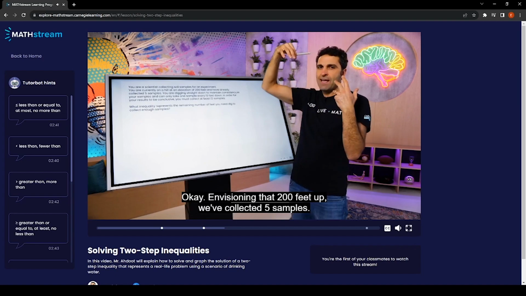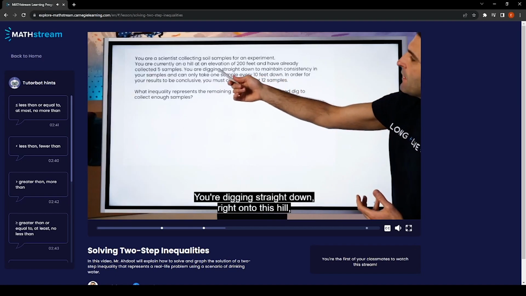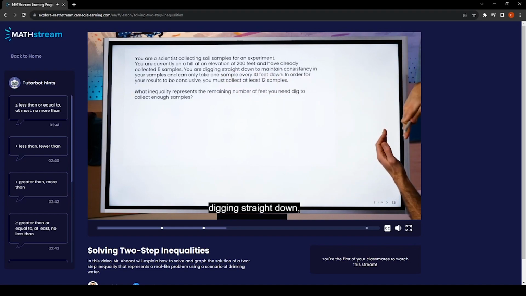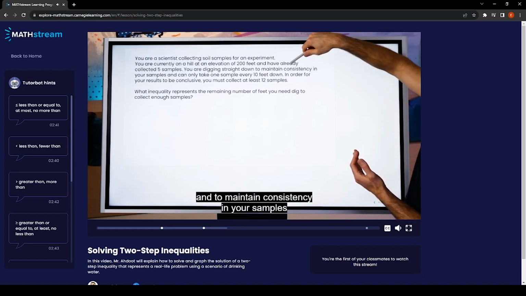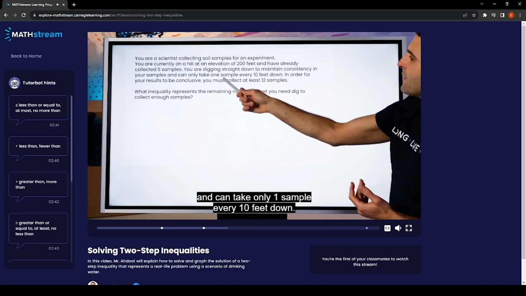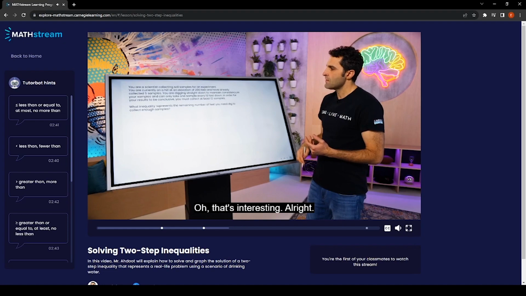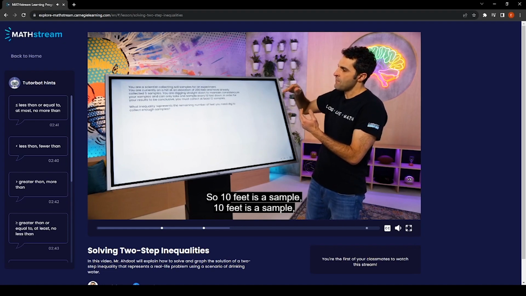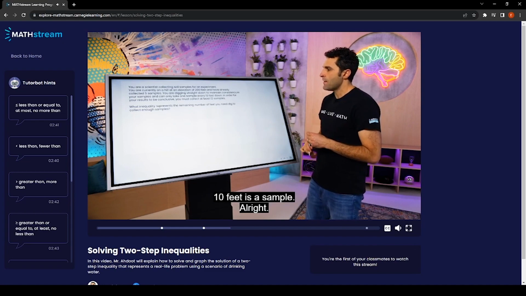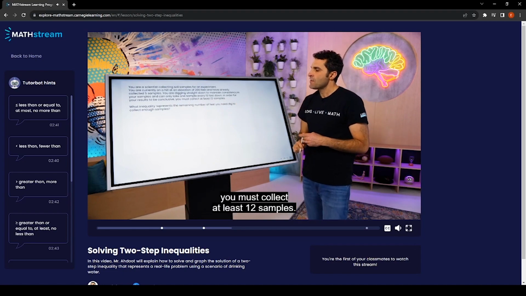You're digging straight down into this hill, and to maintain consistency in your samples, you can take only 1 sample every 10 feet down. So 10 feet is a sample, 10 feet is a sample, 10 feet is a sample. In order for your results to be conclusive, you must collect at least 12 samples.